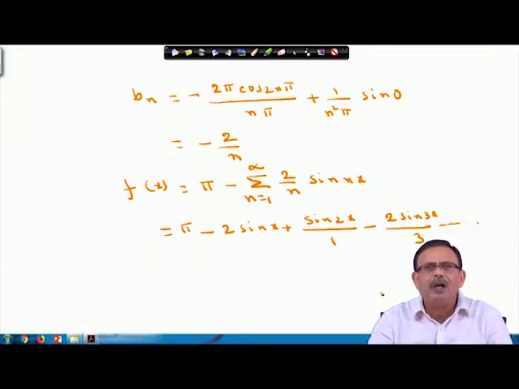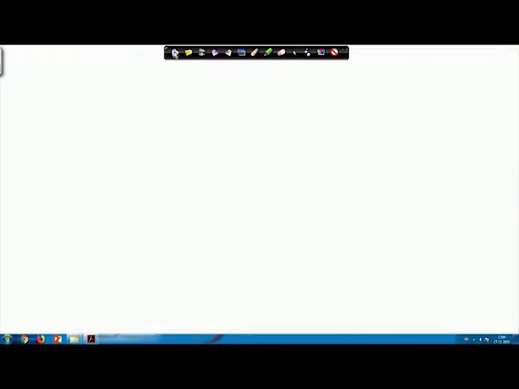I hope it is clear to you now that if a function f(x) is given to us, how to find out the value of the series for the function f(x), and once I am representing f(x) in terms of a Fourier series, that is in terms of sine and cosine series, then at any particular point where the function is continuous, I can find out the value of the function also.